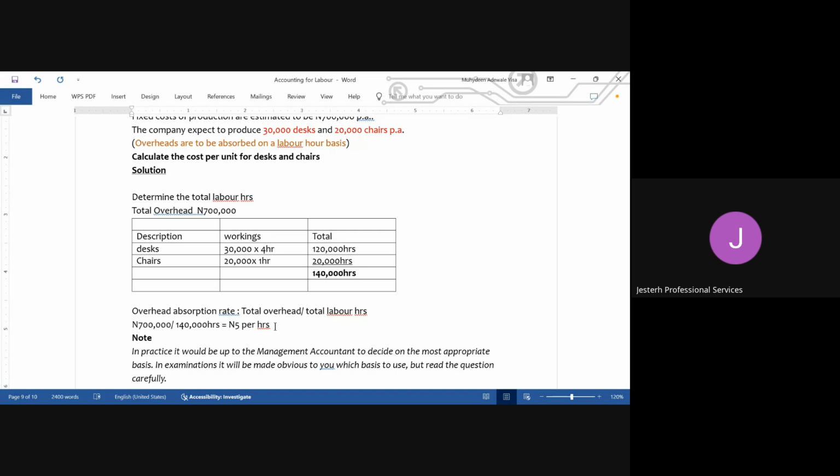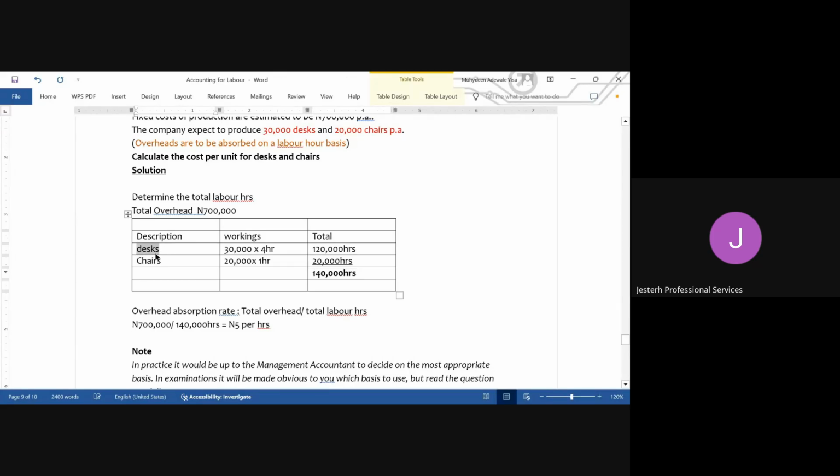So our overhead per hour, since it's based on hour and not per unit, it means our overhead per labor hour is 5 nairas. Now that we have determined the overhead absorption rate based on the labor hours, the next thing to do is to know what is going to be the total cost per unit of producing each of these productions.